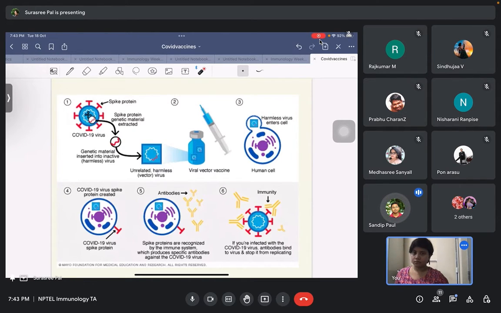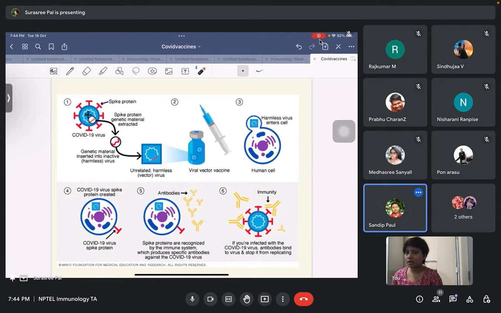But it is not touching the DNA or going to the nucleus. It will not come into the nucleus, because this particular vector will replicate inside the host, and once it replicates, it will also express this protein, and the protein will be expressed on the cell surface.